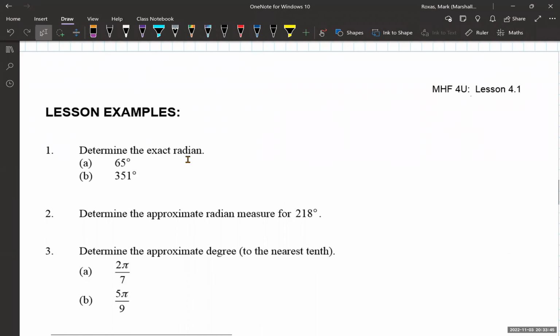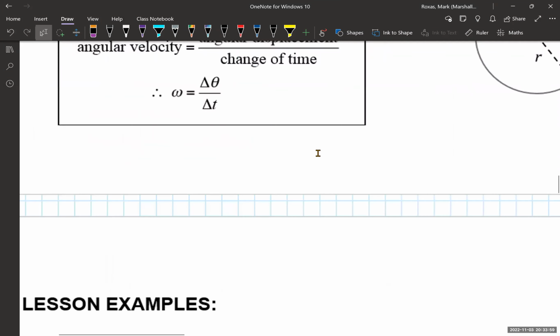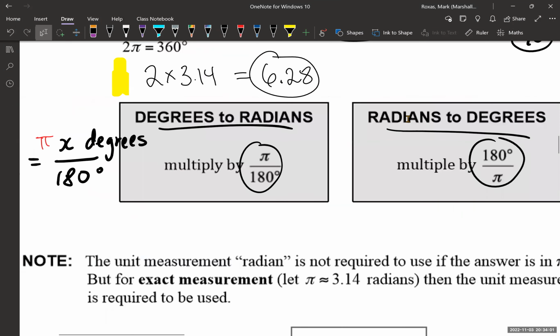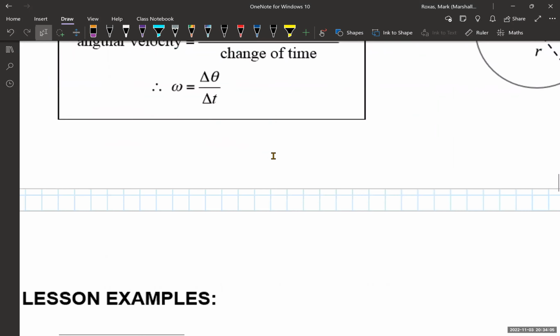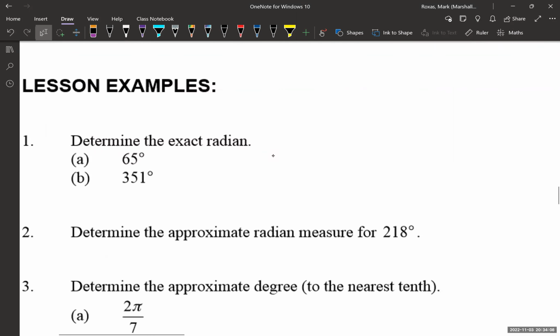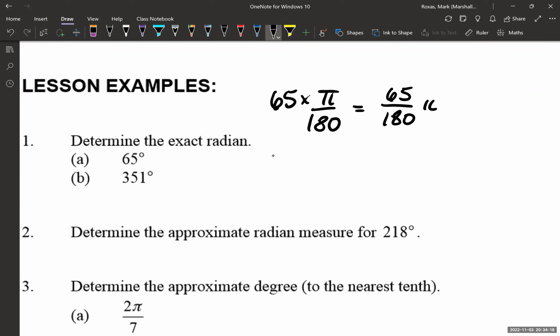Let's determine the exact radian measure. If we're given 65 degrees and we have to convert it to radians, we go back up to the formula for converting from degrees to radians. We multiply by pi over 180. So 65 times pi over 180 equals 65 over 180 pi, and I'm going to reduce the fraction to lowest terms.